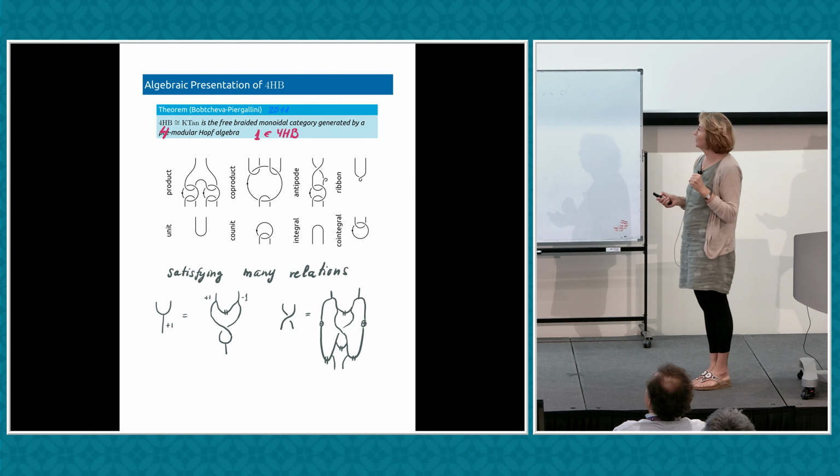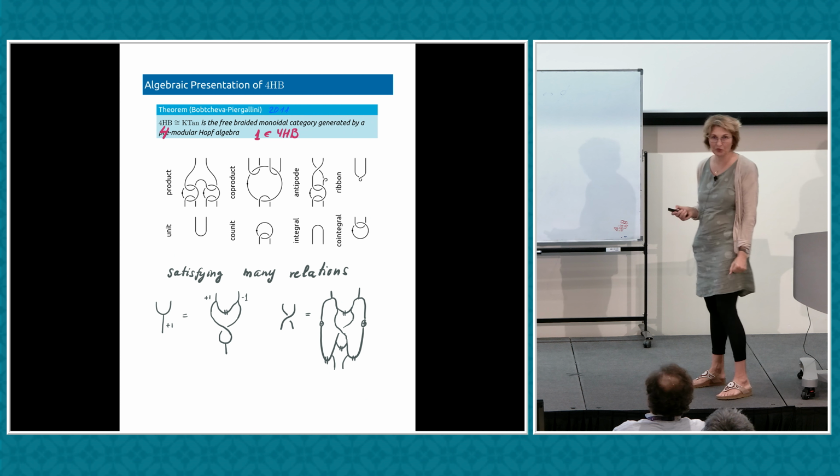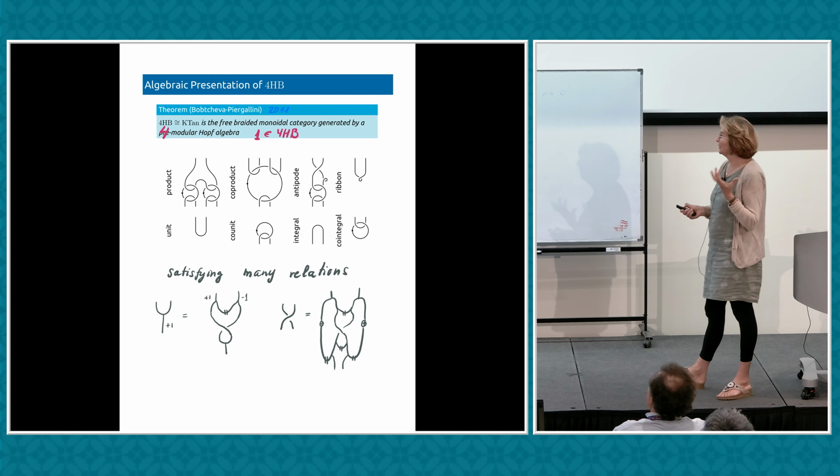And this solid torus, we called it before, in the paper, a four-modular Hopf algebra, but now we call it the Bobcheva-Pergolini Hopf algebra. It has some morphisms. Because it's a braided Hopf algebra object, it clearly has product, coproduct, antipode, unit and counit.